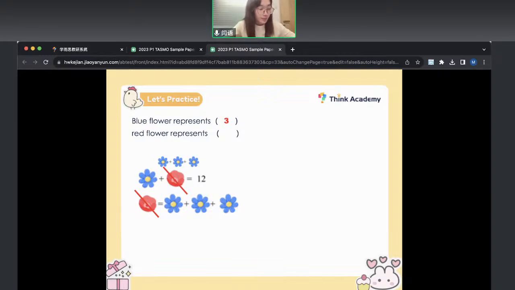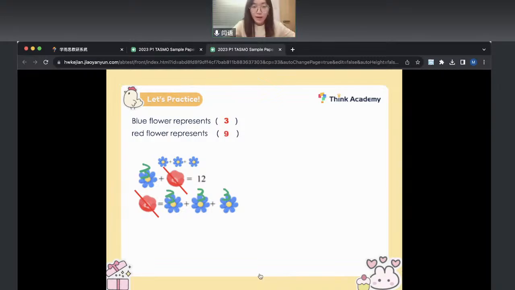Okay, so here we can get the blue flower represents 3, sorry. So what about the red flower? As long as you figure out the number of the blue flower, you just write it down. Okay, 3, write it down, 3, 3, 3. Do remember to write it down. So now you see how many 3 are there for the red flower? That is 3 times 3 equals 9. Yes, understand?